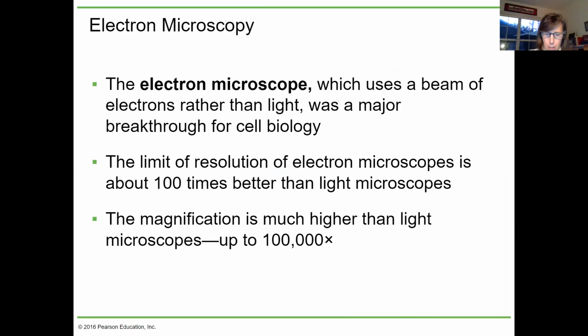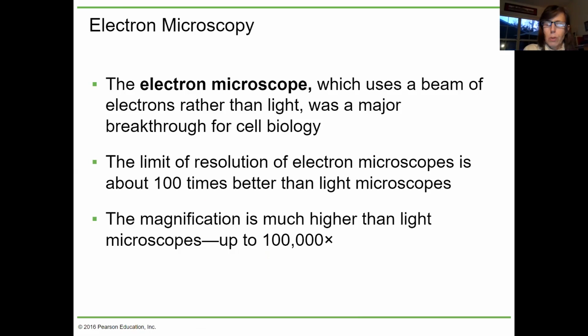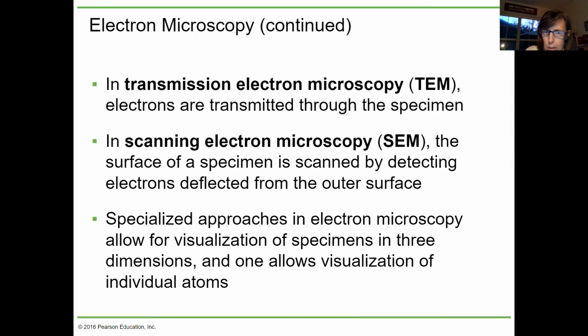So not only did this increase resolution, it increased magnification by 100 times. So you can see how much more information was able to be extracted from looking at cells and organelles and tissues.